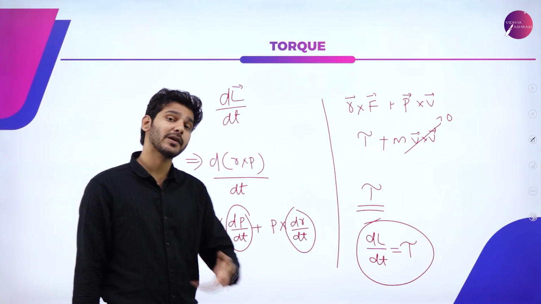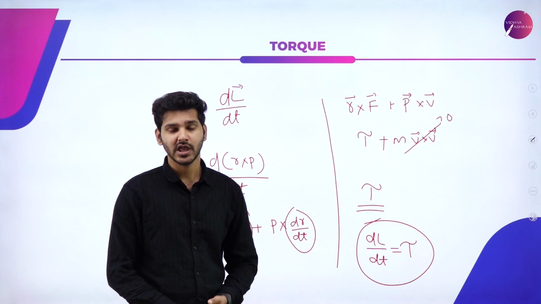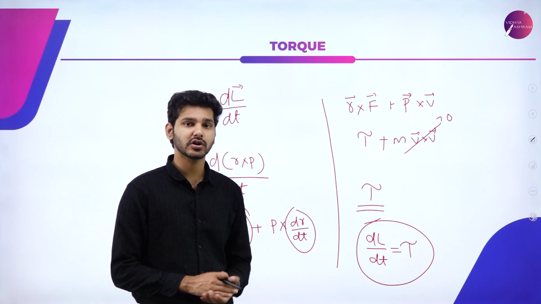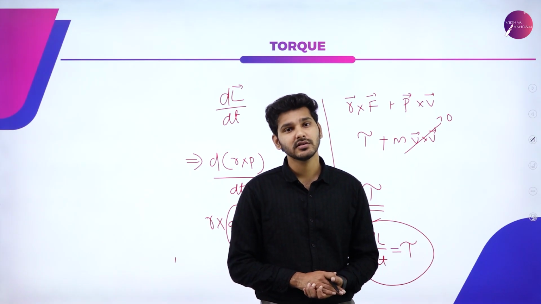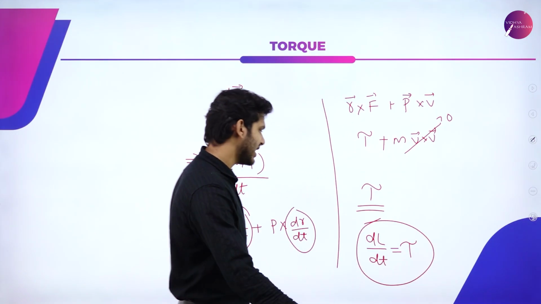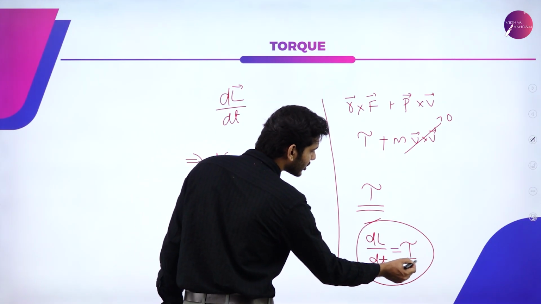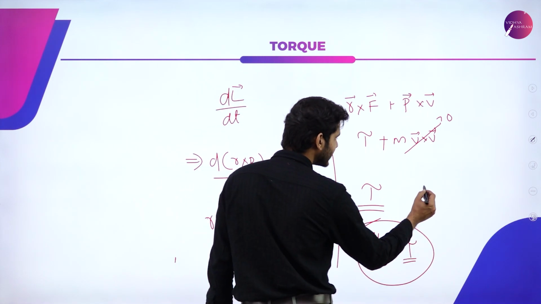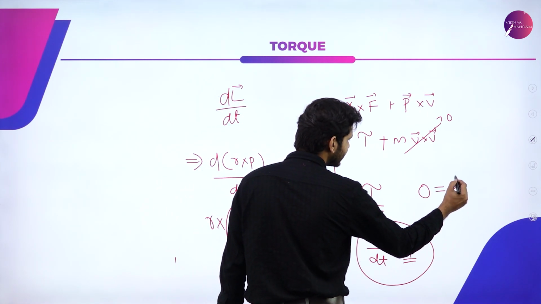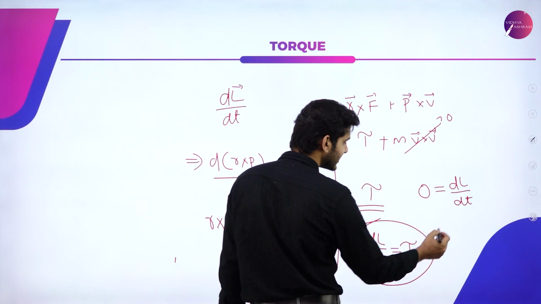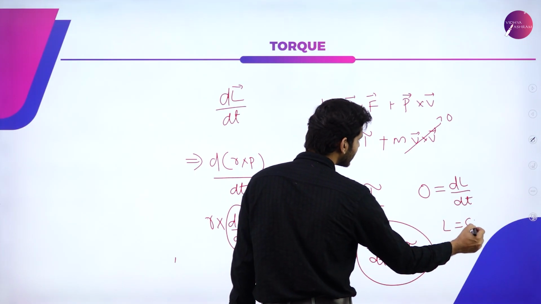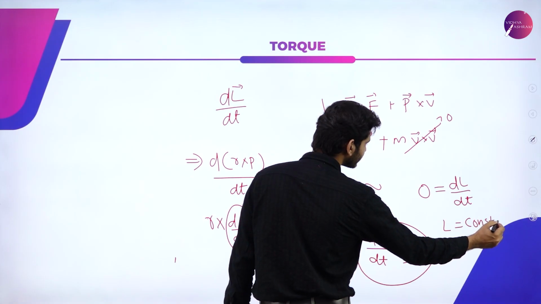So what if I don't apply any external torque? If I don't apply any external torque, the rate of change of angular momentum will be 0. Then tau is equal to 0, which means dL by dt is equal to 0, which means L is a constant value.